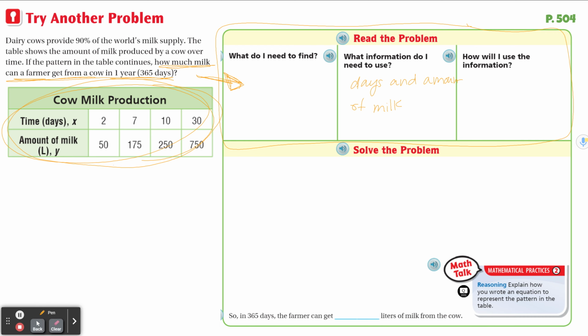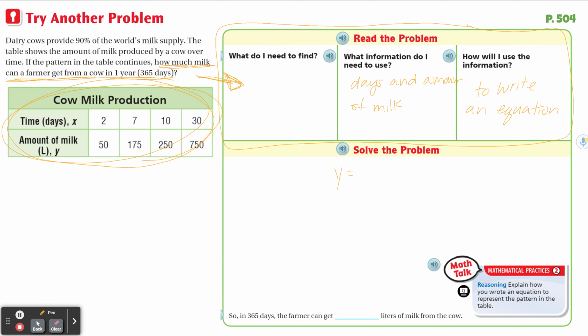Well, just like in the last problem, we can use this information to write an equation. So we can think that we are trying to find Y, right? Our answer is always trying to find Y.